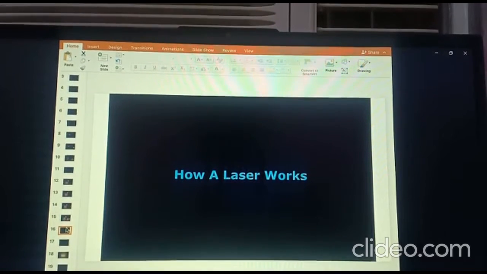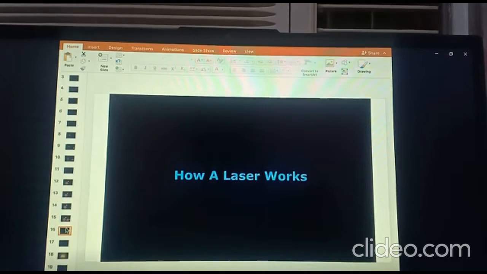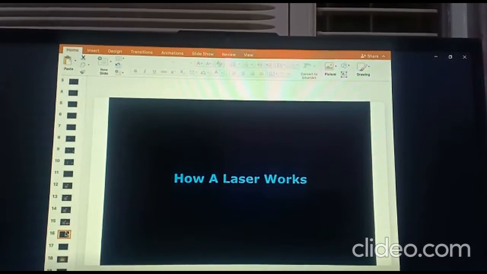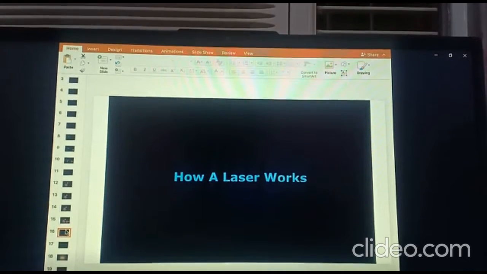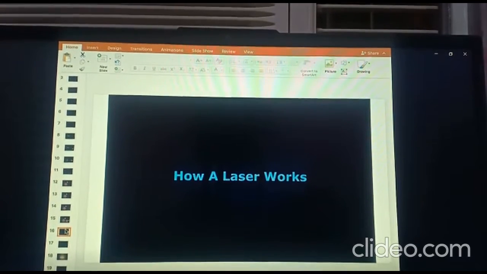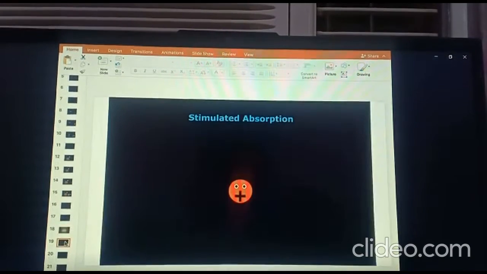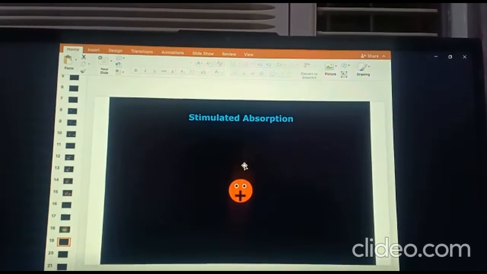Now we will observe all these three terms individually. The first is stimulated absorption.